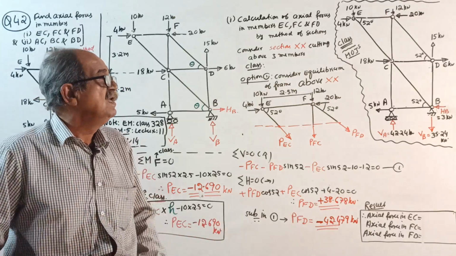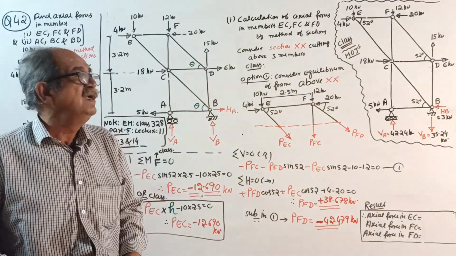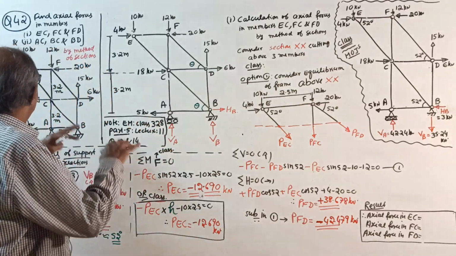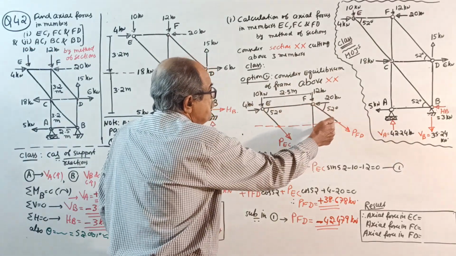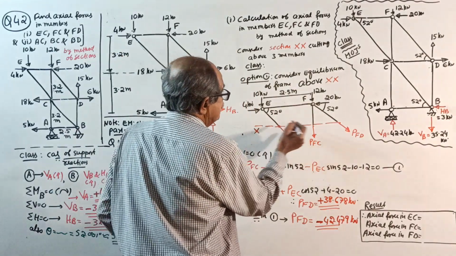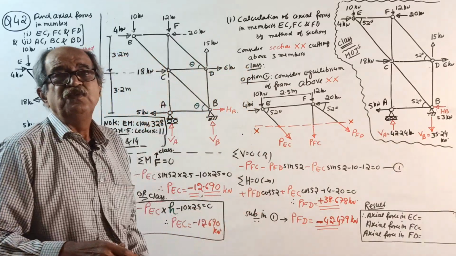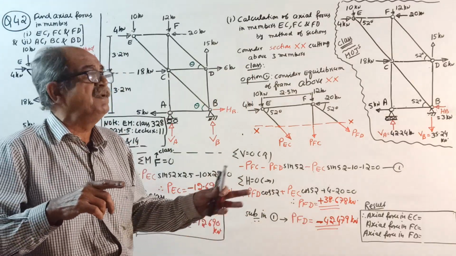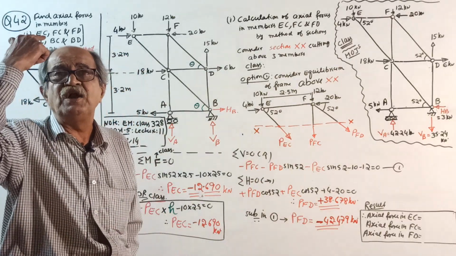This looks a little bigger, but see how easy. Even though it looks like a bigger frame, when you come to method of sections, it comes simple. That is a great advantage. Therefore, this is the best question for a beginner, or for those who get confused in other problems. Solve this question, the concept will be clearer, then do those questions.